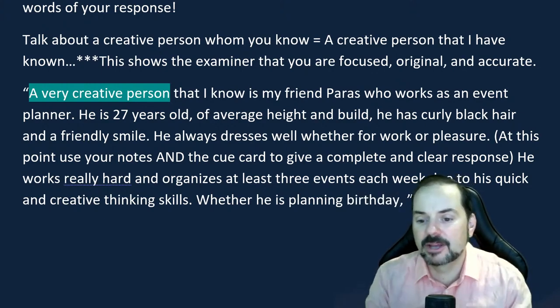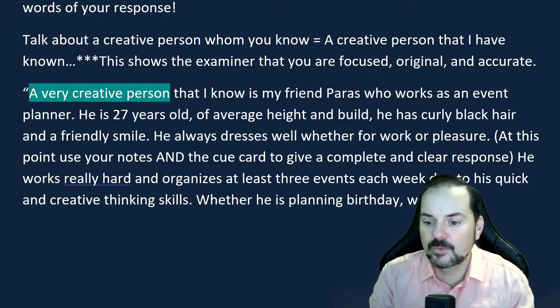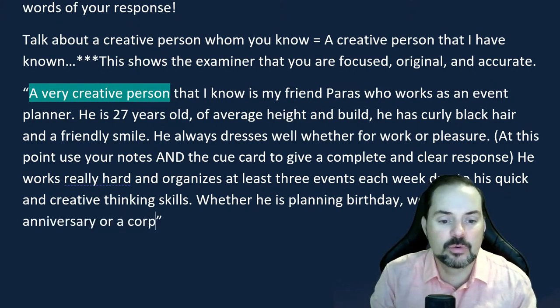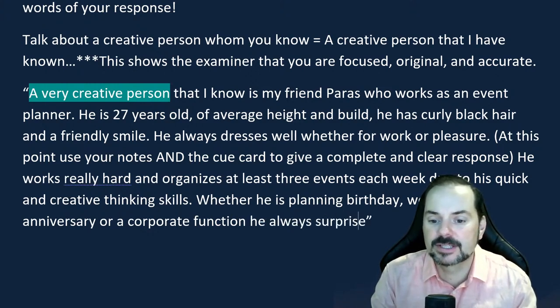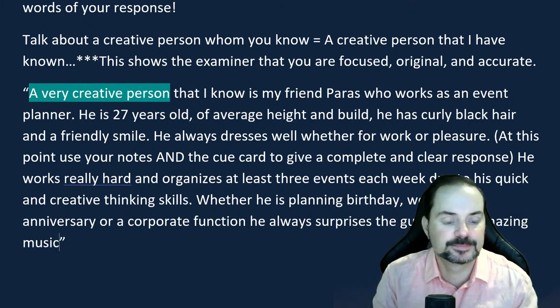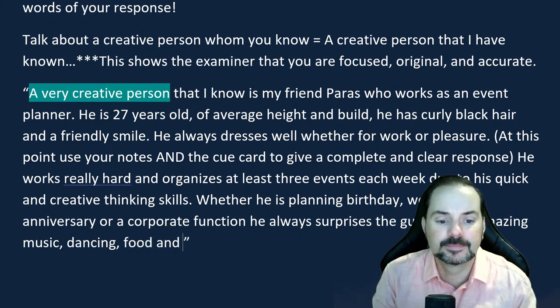Whether he is planning a birthday, wedding, anniversary, or a corporate function, he always surprises the guests with amazing music, dancing, food, and fun activities.